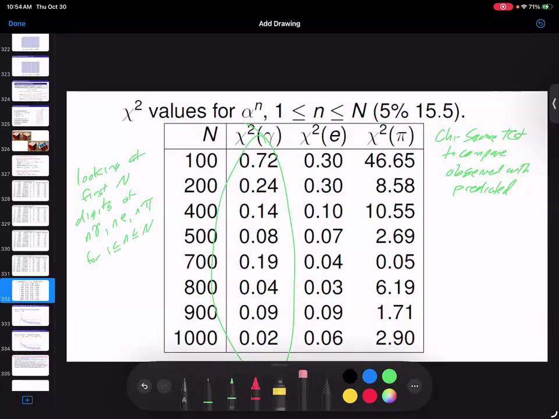Okay. What if instead of looking at gamma, what if we looked at e? Does that look Benford? What do you think? Are those values pretty small?